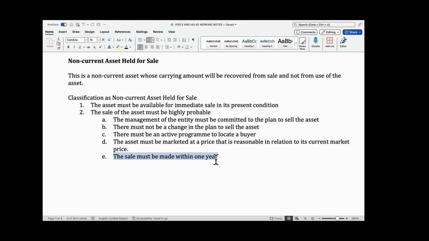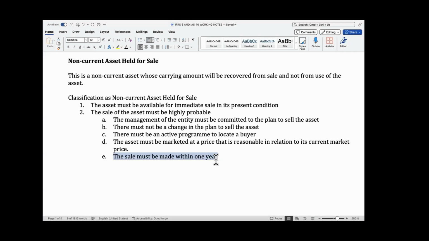But the question is, for how long? The standard didn't mention. But I'm sure, based on practice, after a maximum of an additional 1 year and you're still unable to sell, we'll revert it back to non-current assets.